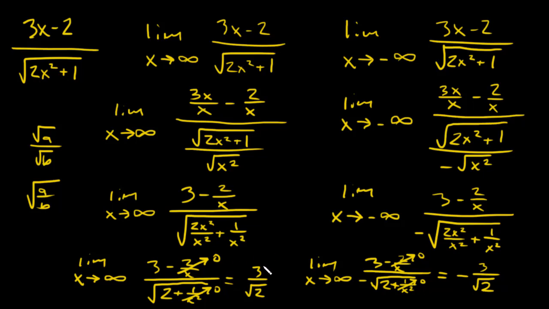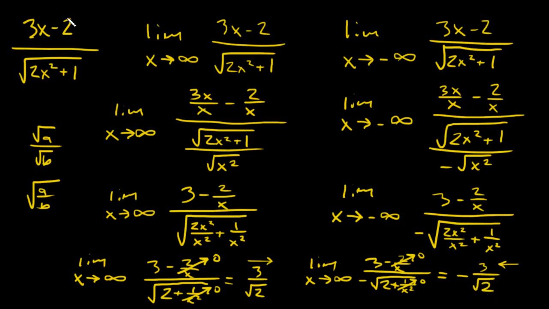So I have two different horizontal asymptotes. As I go to the right, as the function heads far, far, far to the right, it's approaching 3 over root 2. And in this one, as I go to negative infinity, it's going to approach y equals negative 3 over root 2. Okay?